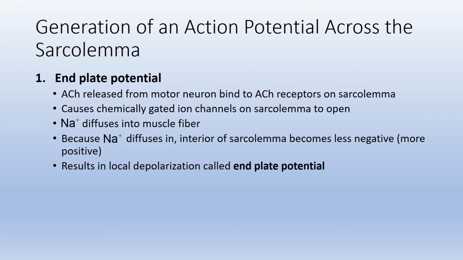Once we open these channels, we have sodium come into the muscle fiber. As sodium flows in, it brings with it its positive charge, and as more positive charge comes in, we are driving the overall value of the inside of the cell towards 0 or towards threshold. We are stimulating it.